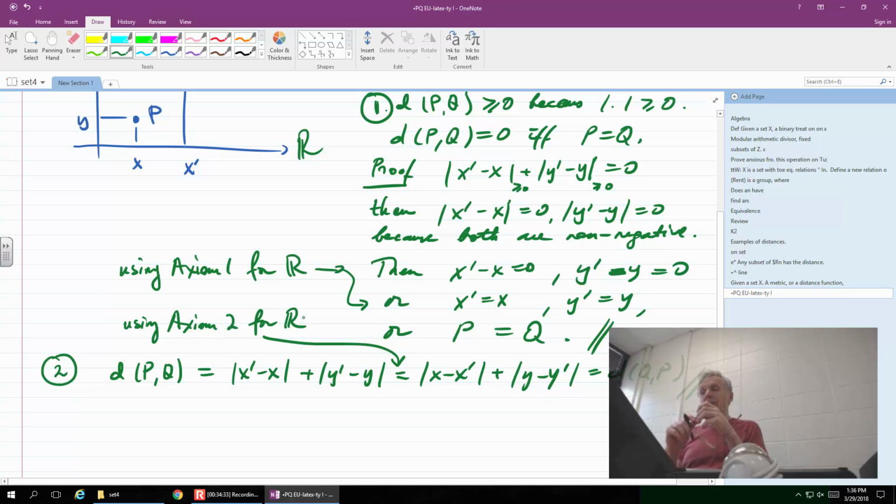By design, the distance formula for R is used to build the distance formula for R2 and for R3 and so on. And then the metric properties of this distance formula are used to prove what we need to prove about the high-dimensional Euclidean spaces.